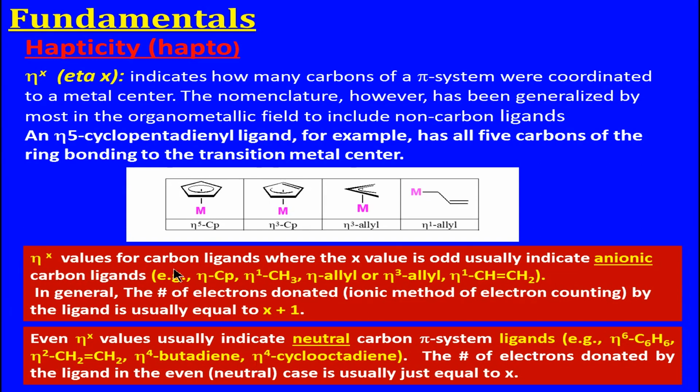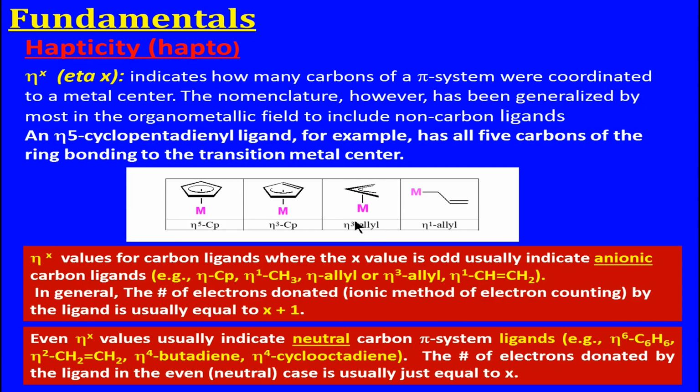For carbon ligands, where the eta-X value is odd, it usually indicates an anionic ligand. For example, hapto-5, so Cp is anionic. Odd hapto-3, allyl is anionic.